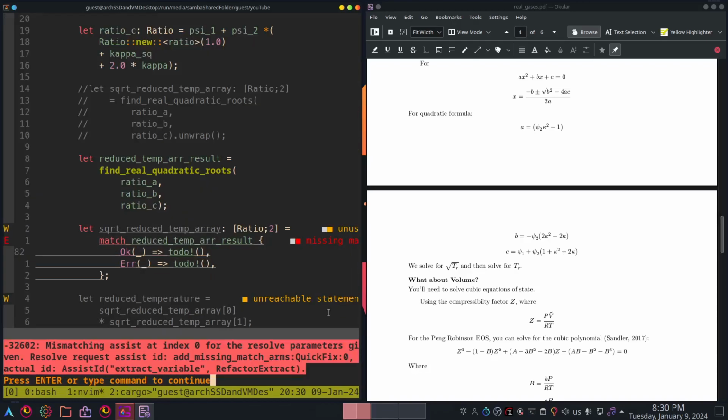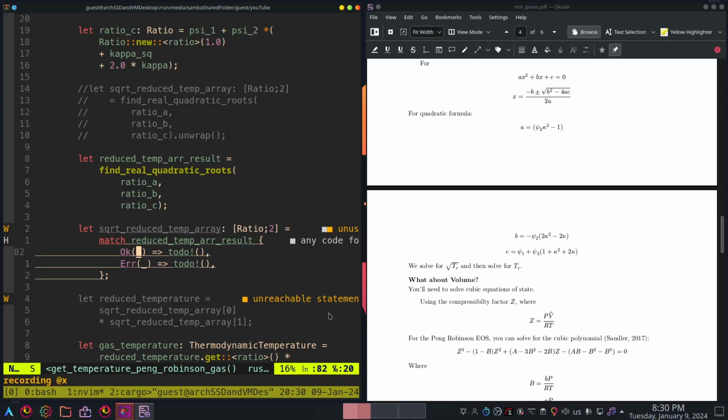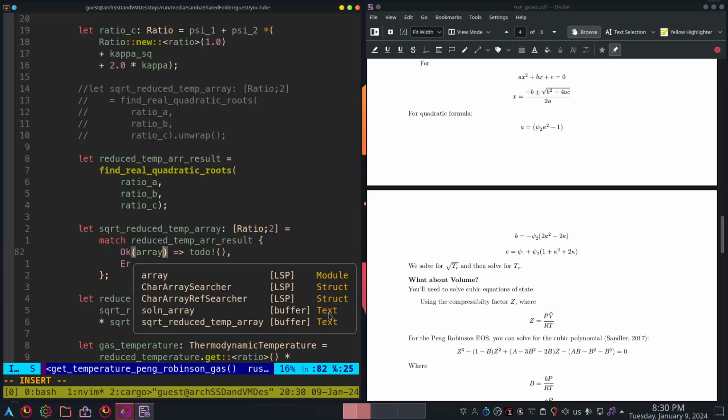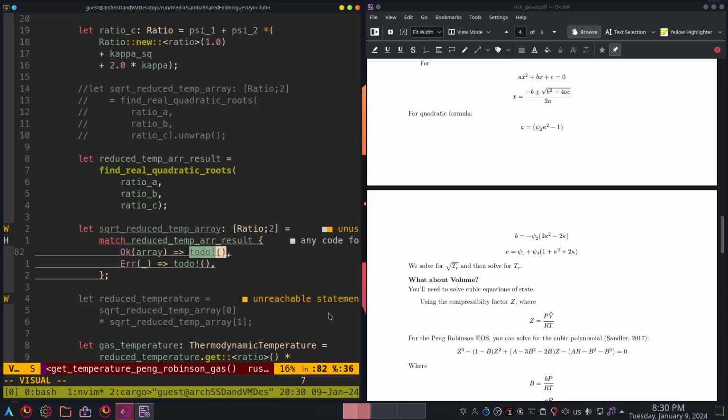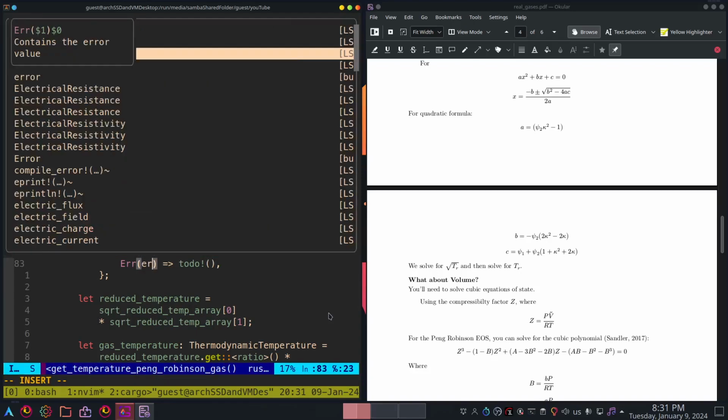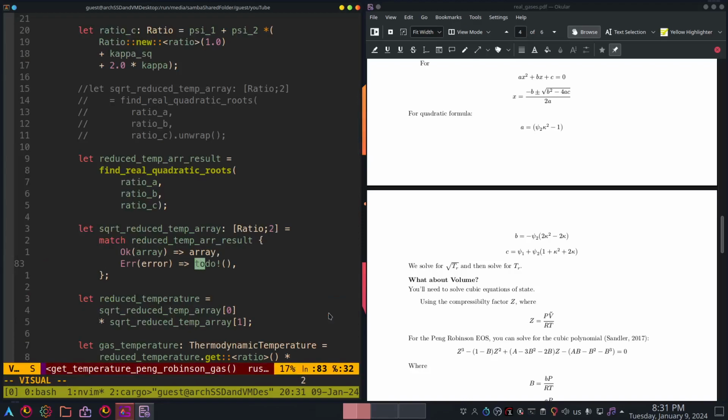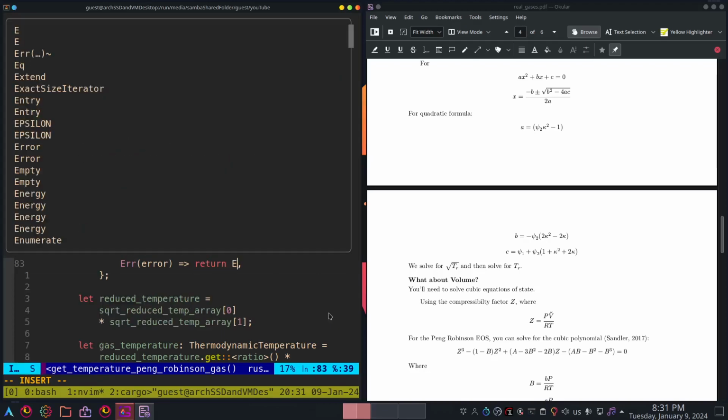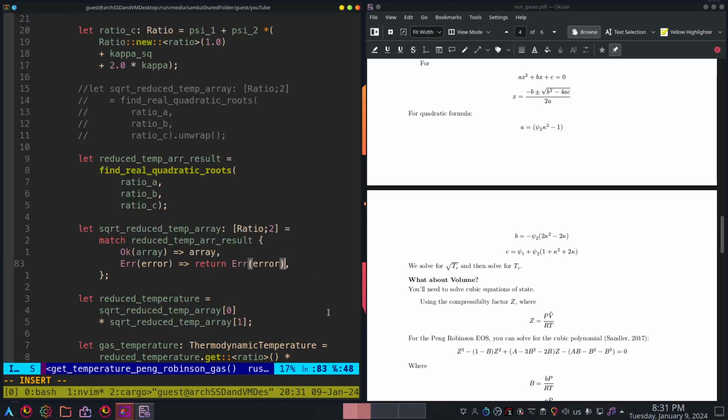The OK variant is going to have an array, so for this case, we just use the array. For the error variant, we have an error here, and what we can do is just return the error. And that's it.